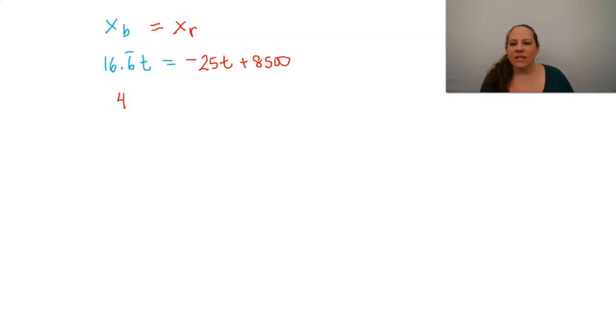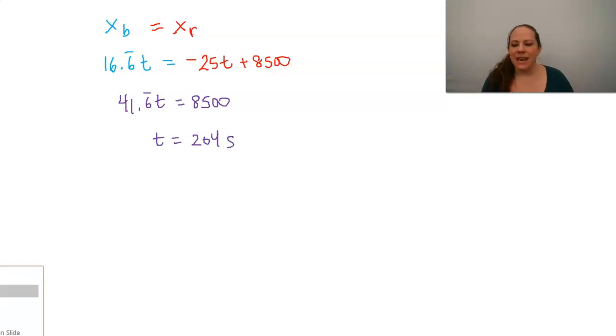And that's going to give me, oh, let's be a little clever. Since I'm using red and blue, let's do this work in purple because that'll be fun. 41.6t equals 8,500, and that's going to give me a time of 204 seconds.